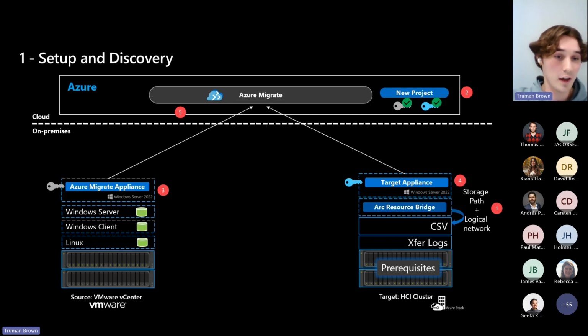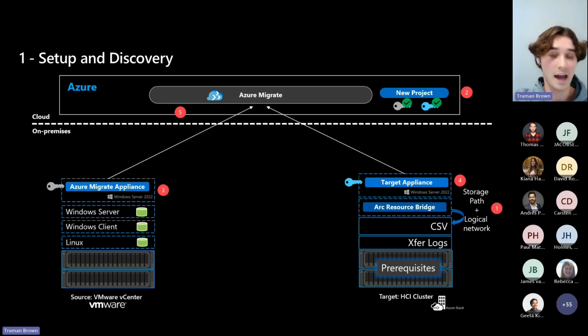We have on the left, the vCenter environment on your on-premises network. And on the right, you have a target HCI cluster. On the left, you have some workloads running. Let's say that there's a few Windows VMs and a Linux VM running for simplicity. On the top, we have the cloud, the Azure portal. This is where the Azure Migrate service itself lives.